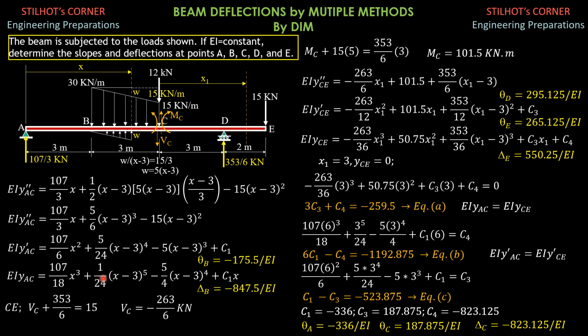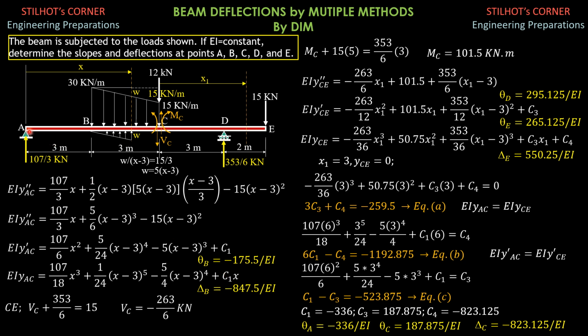Integrating, the integral of this term is 107 over 6 x squared. Then the integral of the second, 5 over 6 times 4, so 5 over 24, (x minus 3) to the fourth. Then 15 over 3 is 5, so minus 5 quantity (x minus 3) cubed plus c sub 1.